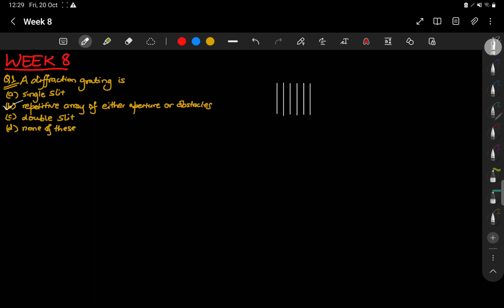So let's say this is a slit, then this is an obstacle, then a slit, then an obstacle, then a slit again, and so on and so forth. So many such apertures and obstacles are there. So that is what a diffraction grating is.